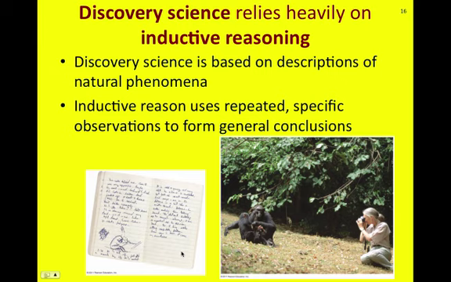Dr. Goodall used inductive reasoning. She used repeated, specific observations to form general conclusions. Okay, that's the difference between inductive reasoning and deductive reasoning. Inductive reasoning goes from specific to general. Okay?